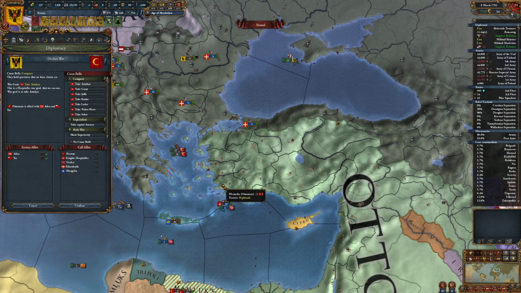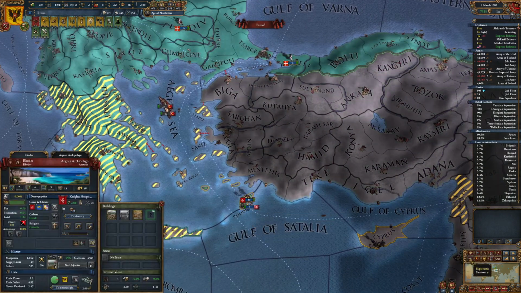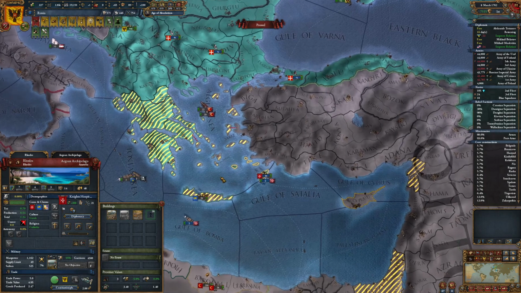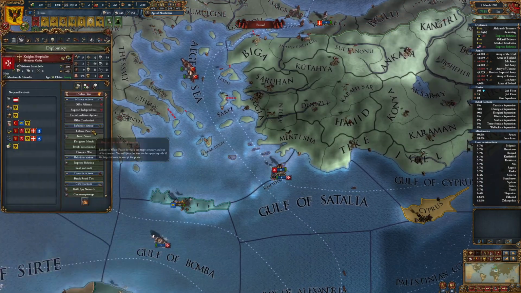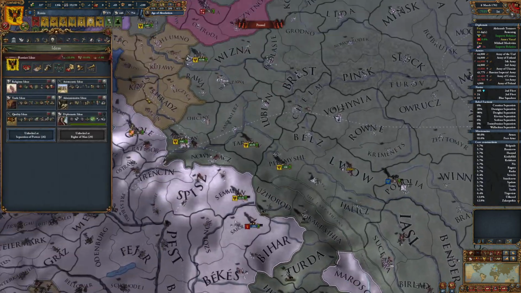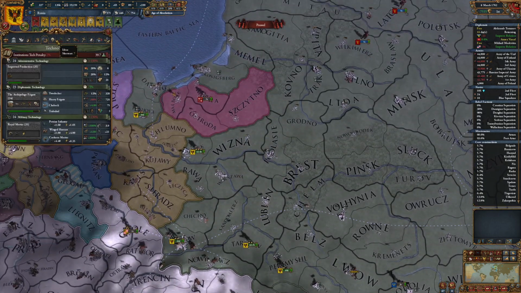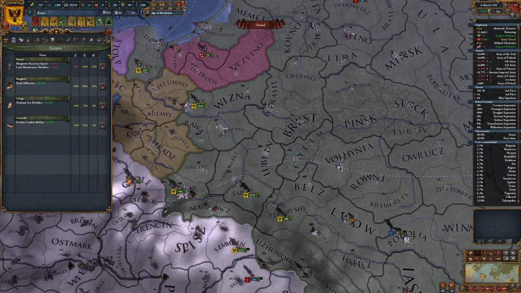Other than that, it's basically just taking as much as we can from the Ottomans. If we take a look at... Yeah, he has a bunch of... But I want to just integrate you, to be honest. And... Yeah, let's just push for more.